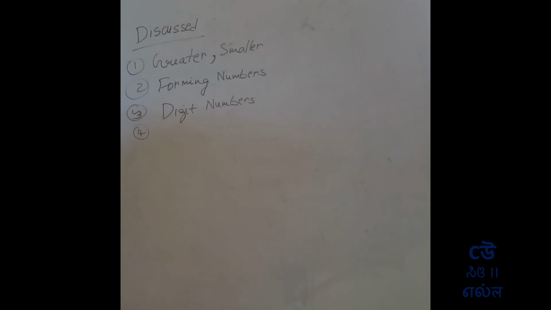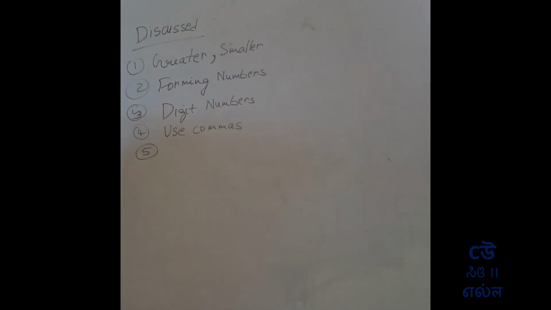We learned how to use commas, right? Like in the Indian system of numeration, how to insert the commas, and in the international system of numeration, how to insert the commas, we learned.